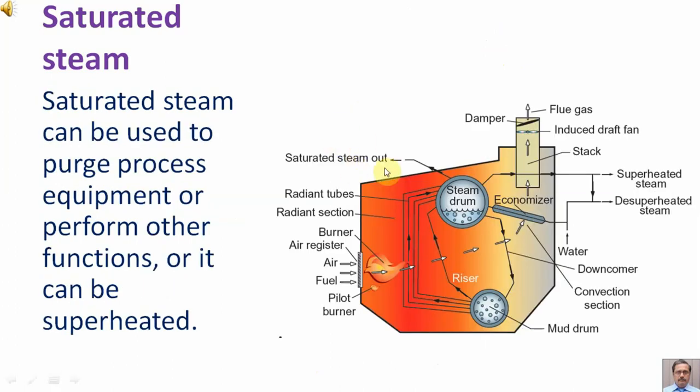Saturated steam can be used to purge process equipment or perform other functions, or it can be superheated as it is being shown in the diagram. We can take out the saturated steam out of the steam drum, or the same saturated steam can be superheated as shown.